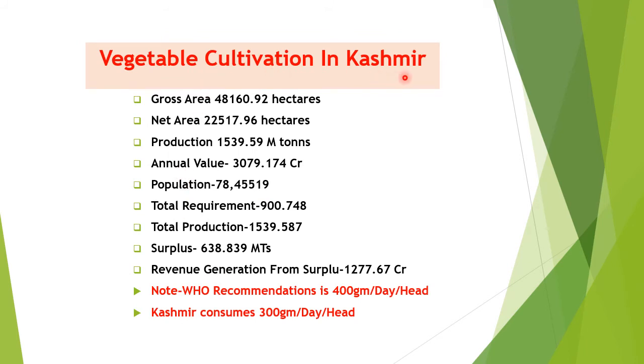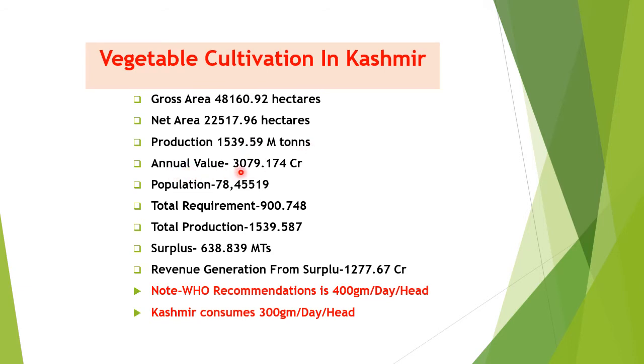Vegetable cultivation in Kashmir: gross area 48,160.92 hectares. Net area is 22,517.96 hectares. Production 1539.59 metric tons.